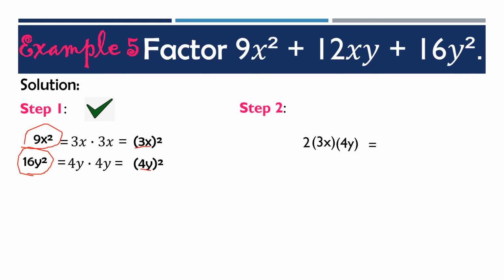So you multiply 2 times 3 times 4 is equal to 24 times the variables x and y. Now, is this the same expression as our middle term?